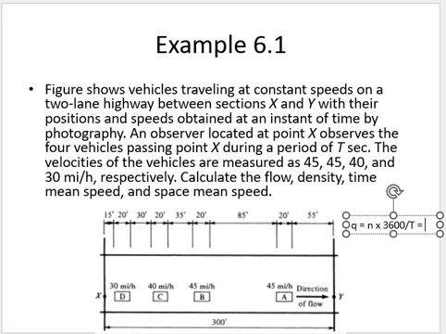Okay, what else? They asked for flow, we have flow. What else are they asking for? Density. What was density? Number of vehicles over distance. So my distance is this whole thing between X and Y. What is my distance?